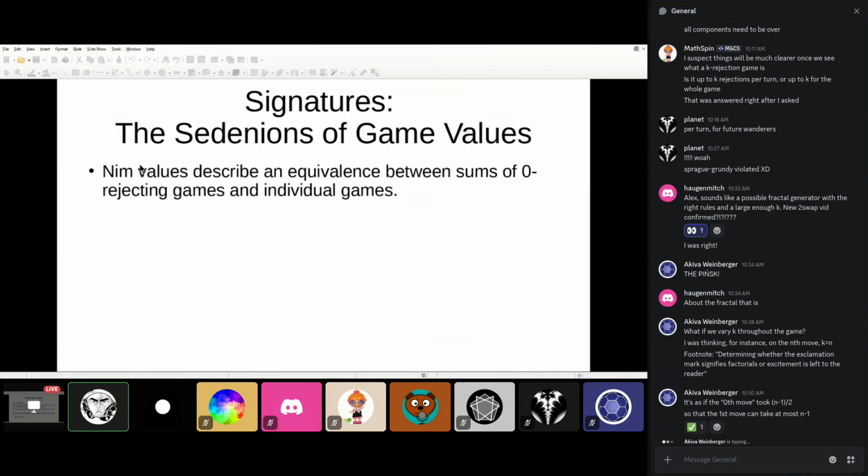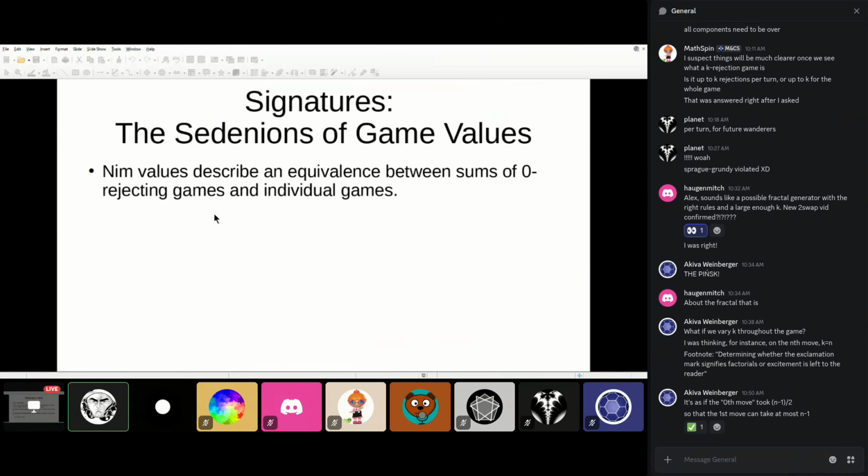We see that nim values are a way to reduce, via Sprague-Grundy, combinations of games into individual games. The entire point of that theorem is to say that this sum of games is equivalent to a single game.